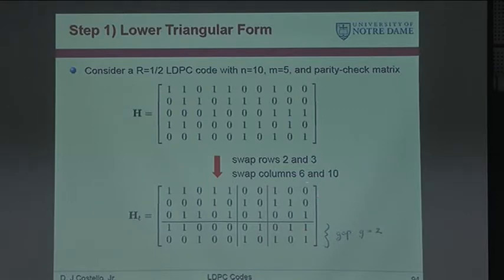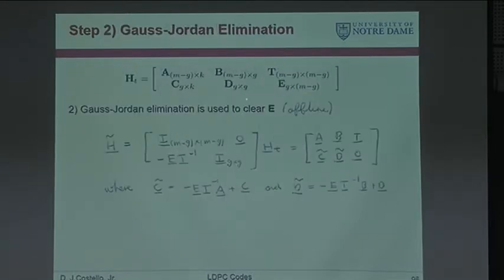But if we make those 2 operations, we can get the top 3 rows here in this lower triangular form on the right-hand side of the matrix. Now we try to do this as best we can. It turns out with this matrix you can't get a 4 by 4 lower triangular matrix just using these kinds of operations which don't change the code. So now we have it in this form. This is an equivalent H matrix.